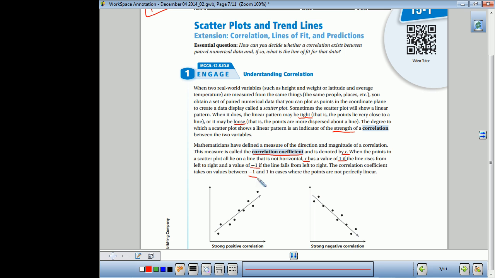So all of our correlation coefficients will be between -1 and +1. If it's a negative correlation, the closer it is to -1, the better the fit. If it's a positive correlation, the closer it is to +1, the better the fit. So if we look at this one, this is a very strong positive relation. Do you see that all these points are really close to that line?